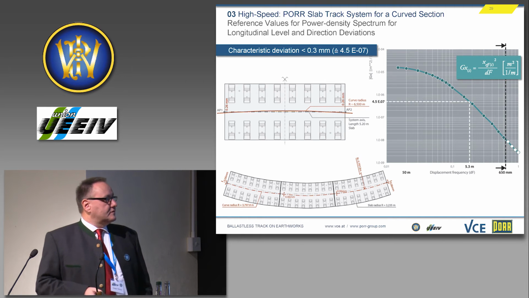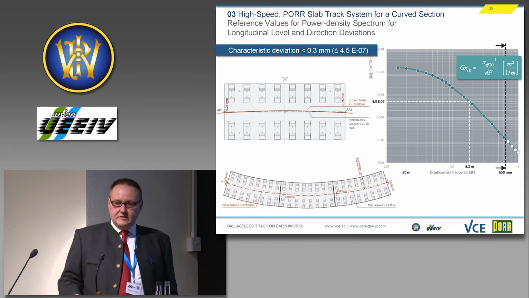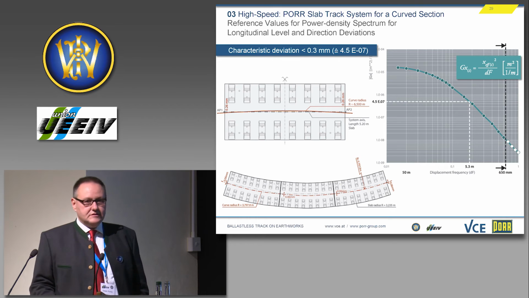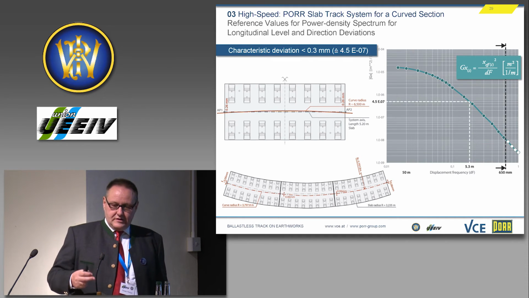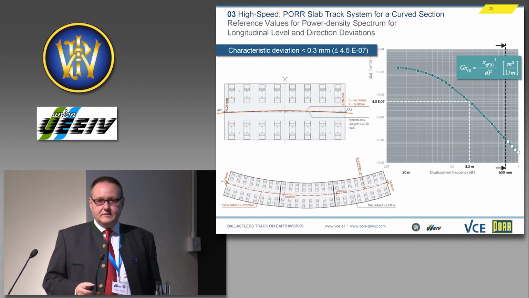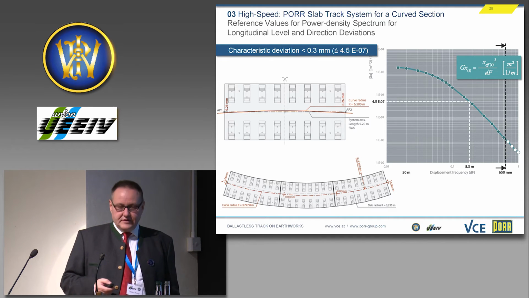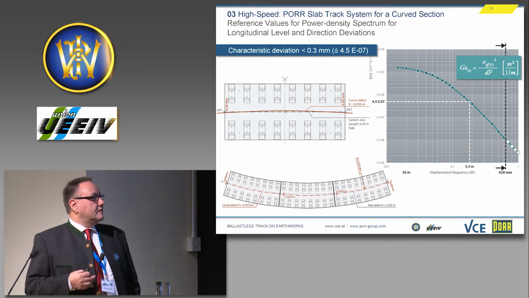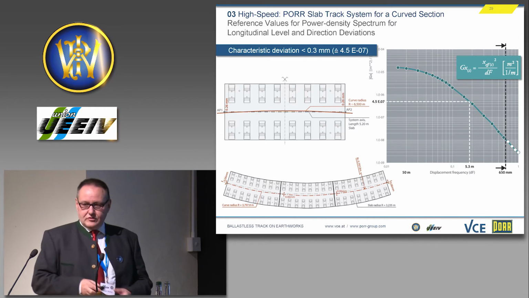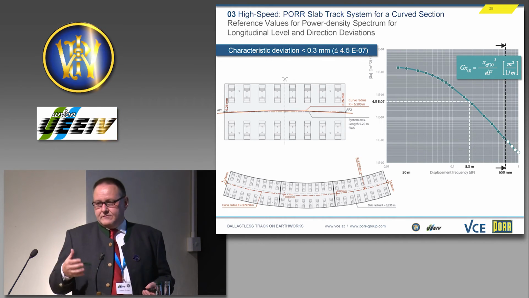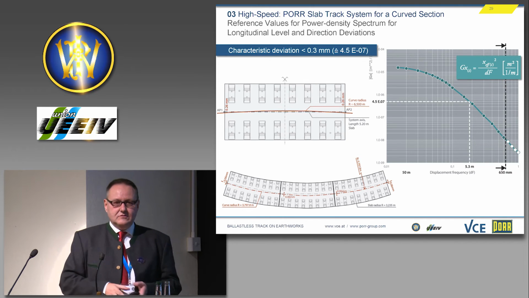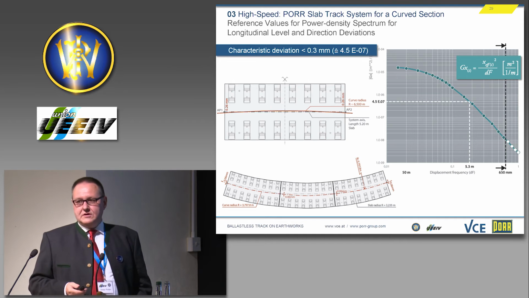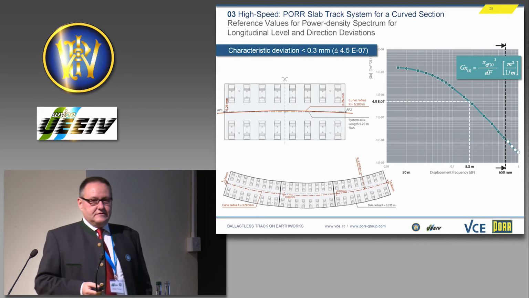German DB developed special criteria for the track quality which is needed, especially concerning deviations which show a certain wavelength. So the most critical thing for high-speed running is a failure which occurs every, for example, 65 centimeters or every 5 meters, which may lead to resonance effects.